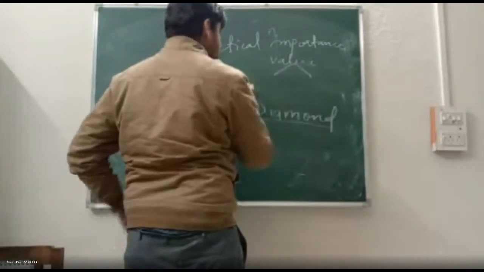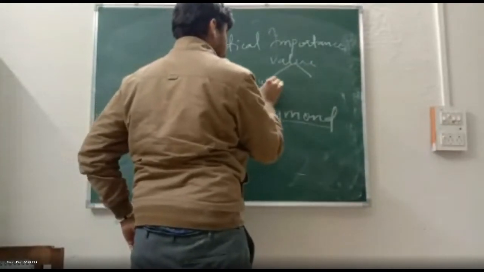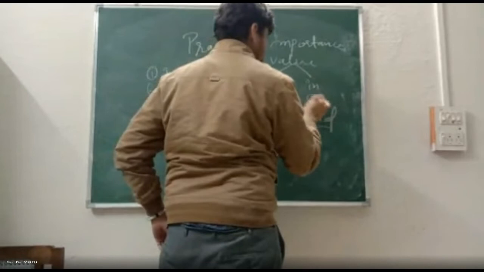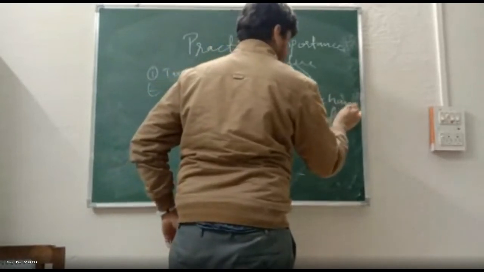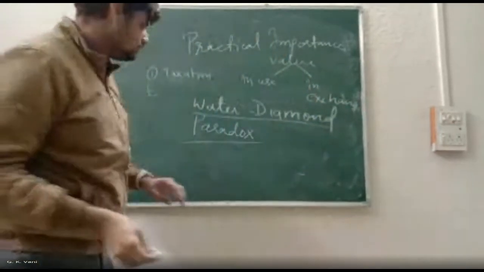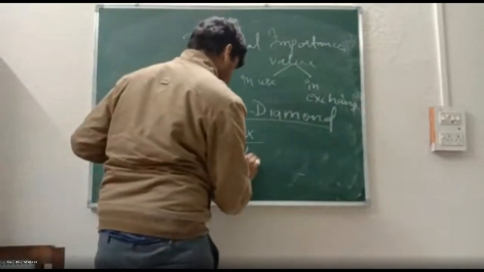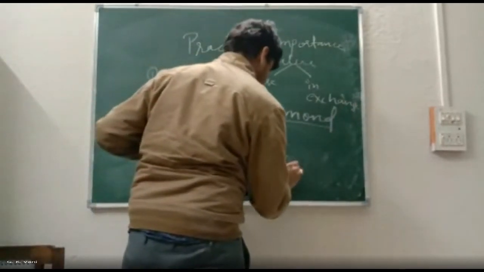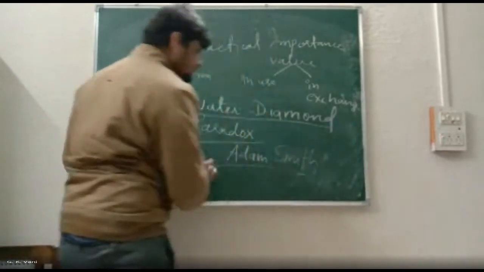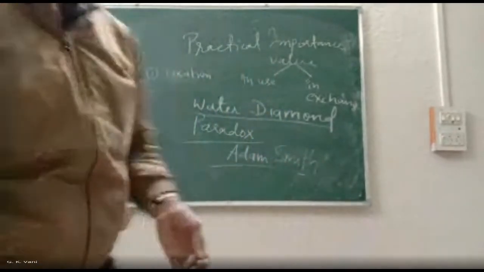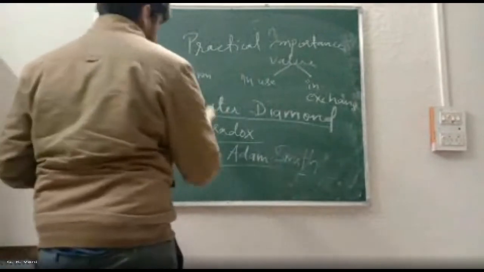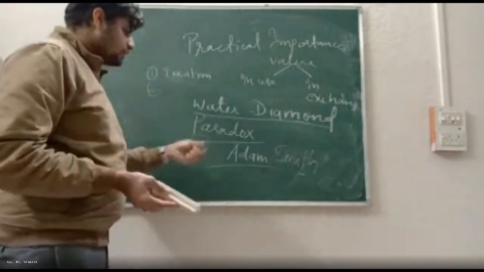So there are two concepts of value. One is value in use, one is value in exchange. So this paradox was given by Adam Smith. He questioned it in his famous book, Wealth of Nations.